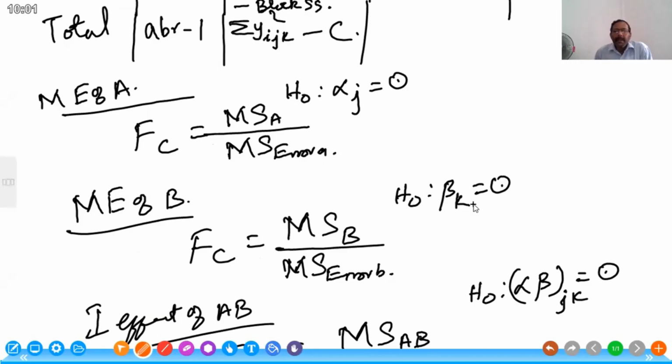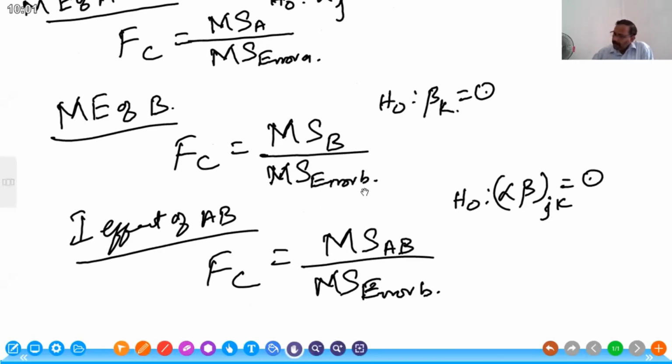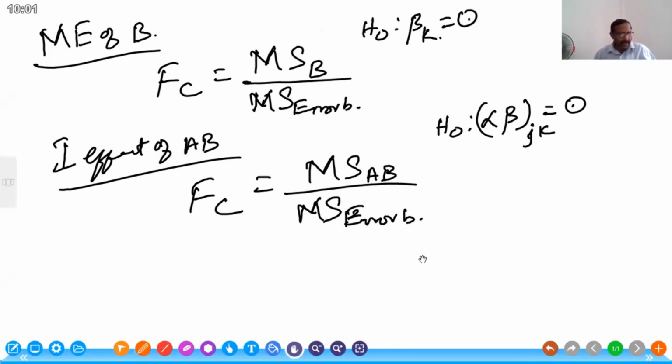Careful about this. So we can test all of these and then look at their degrees of freedom of numerator and denominator. Then we can compare.